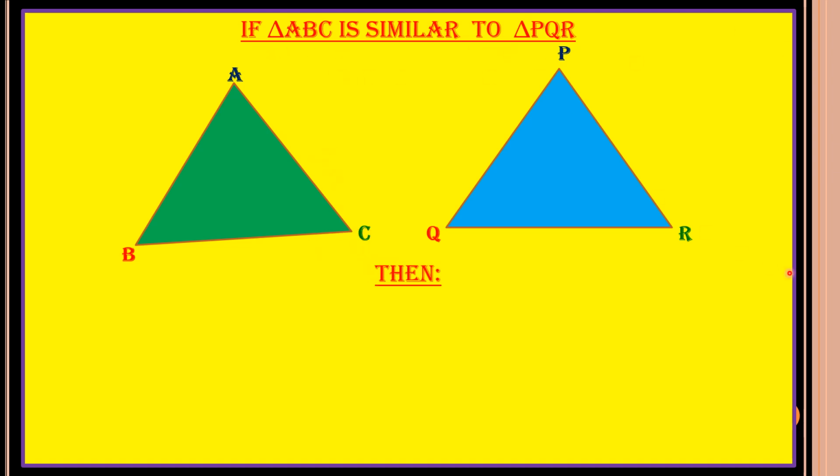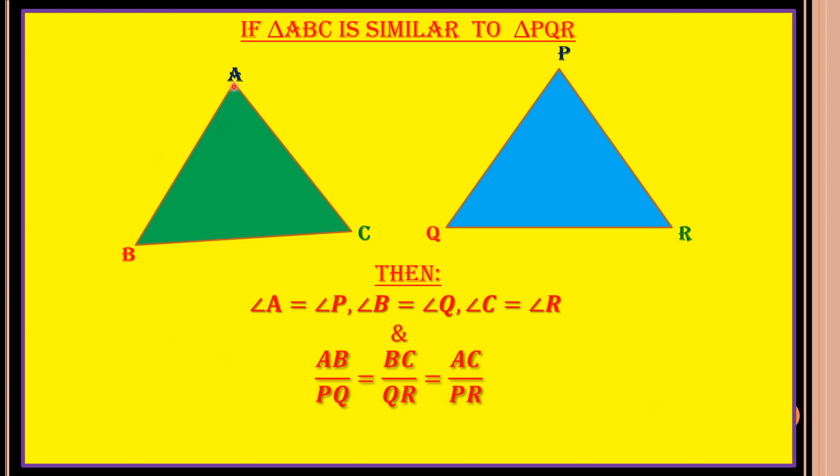If ABC is similar to PQR, then corresponding angles are equal: angle A is equal to angle P, angle B is equal to angle Q, angle C is equal to angle R, and their corresponding sides are in the same ratio. The ratio of AB to PQ is the same as the ratio of BC to QR and AC to PR, right? So then these triangles are similar.